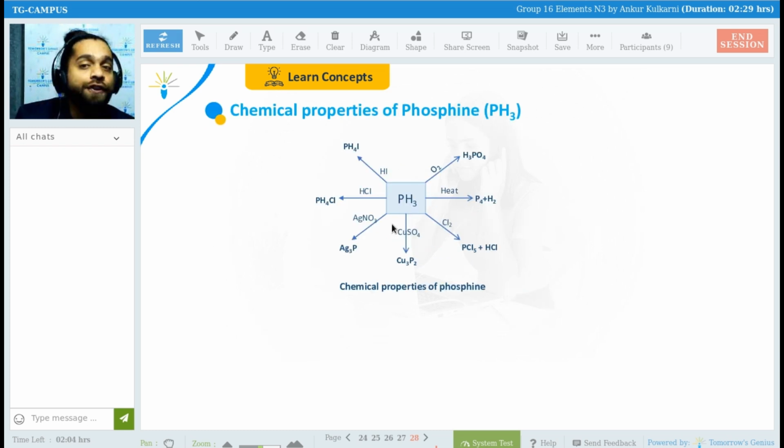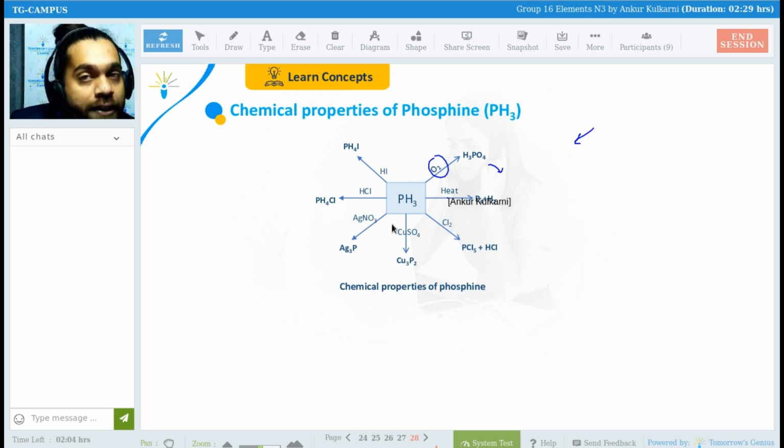Now look at this. If you do this box, the whole reactions of phosphine are covered. I'll explain what is happening. If I react phosphine with oxygen, that is oxidation. So if I oxidize the phosphine, I get phosphoric acid.